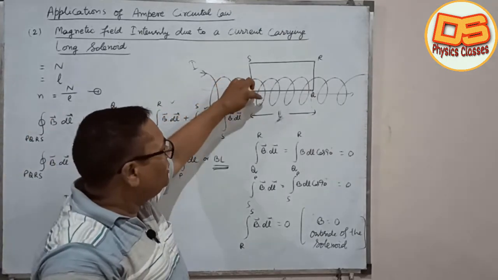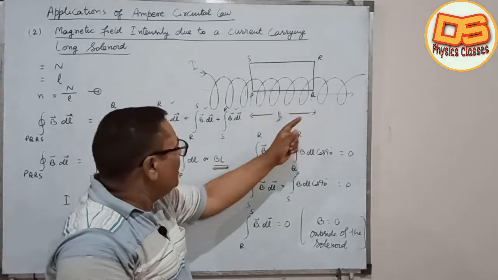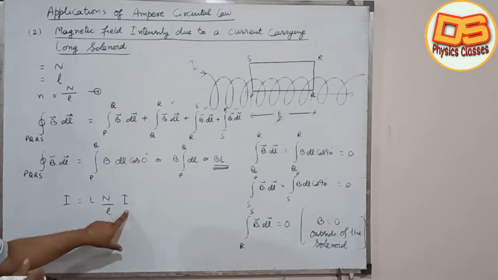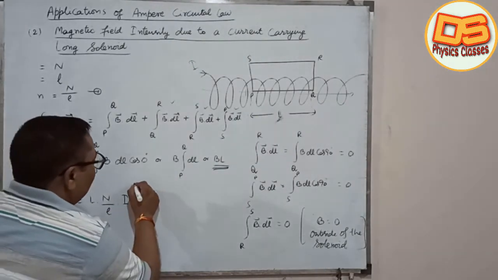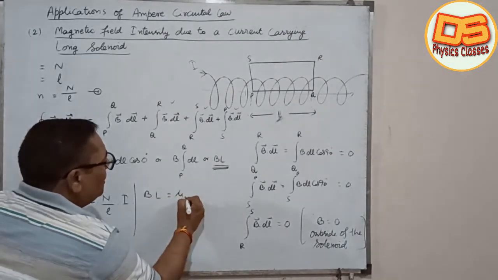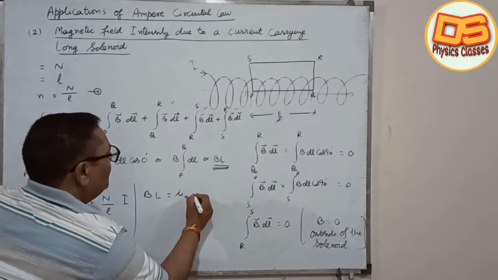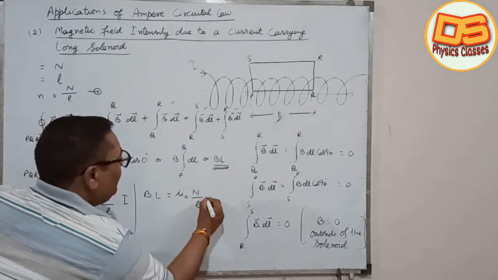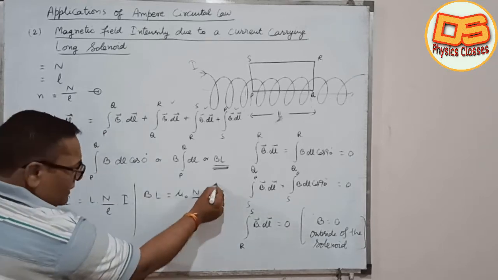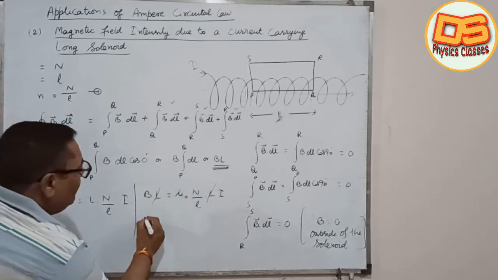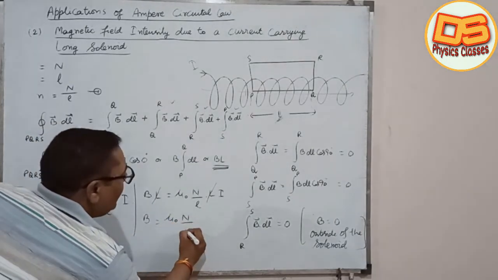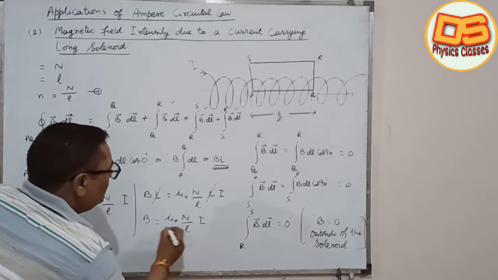Then the total current is N upon L into I. Then BL is equal to mu 0 N upon L into I. Clear? L cancels, so B is equal to mu 0 N upon L into I.